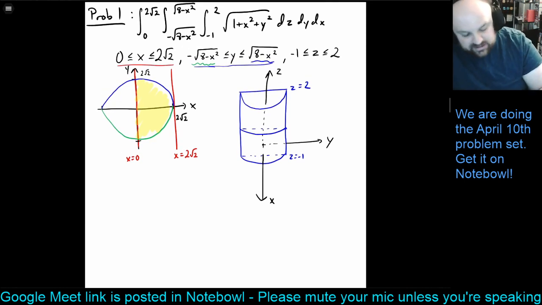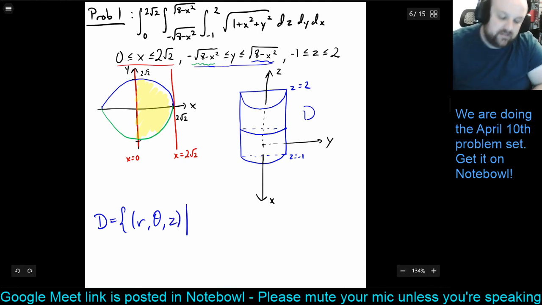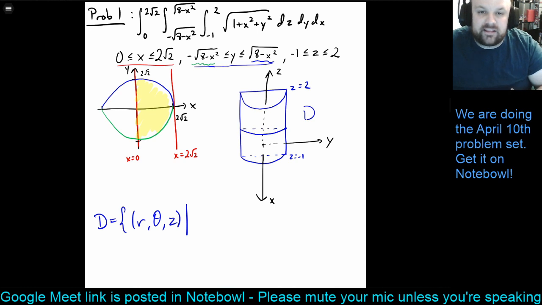Let's call this region D. If we're trying to describe this in terms of r, theta, and z, the r and theta part are going to be determined here in the xy plane, and then z is just going to do whatever z is going to do. In this case, r is going to go from 0 to 2 square root of 2.